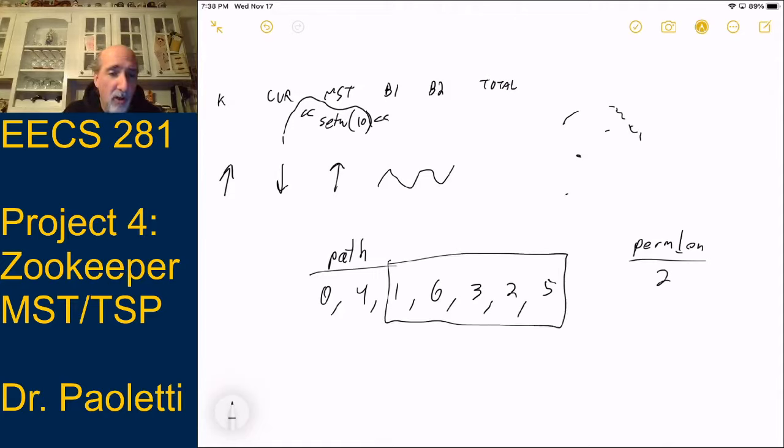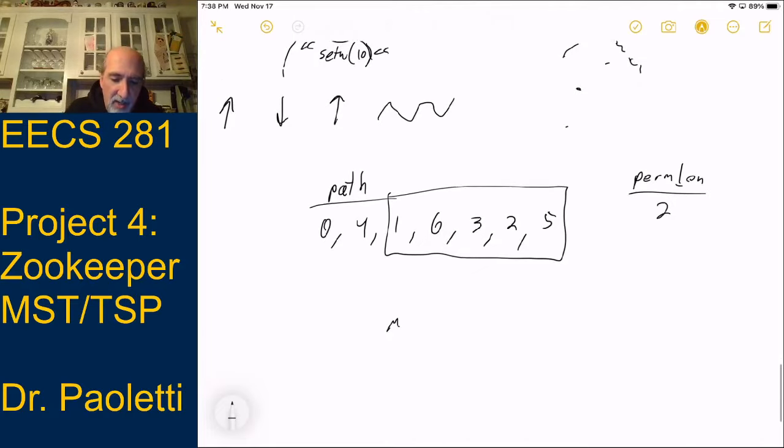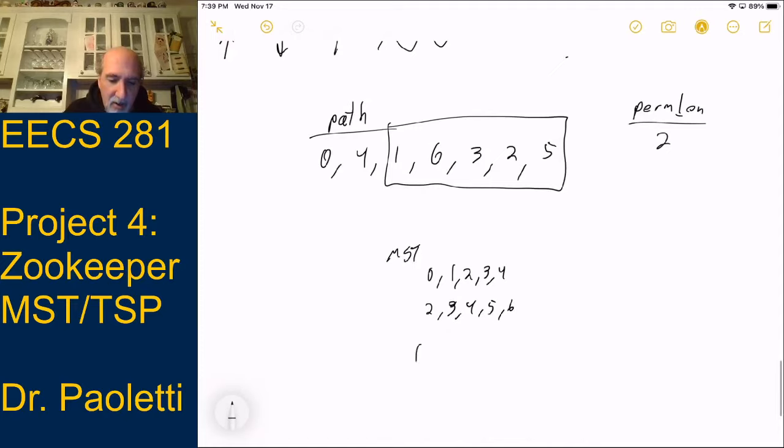Ways you could go wrong: you could calculate the MST of vertices 0, 1, 2, 3, 4, or you could calculate the MST of 2, 3, 4, 5, 6. Or you could calculate the MST of 0, 4, 1, 6, 3.